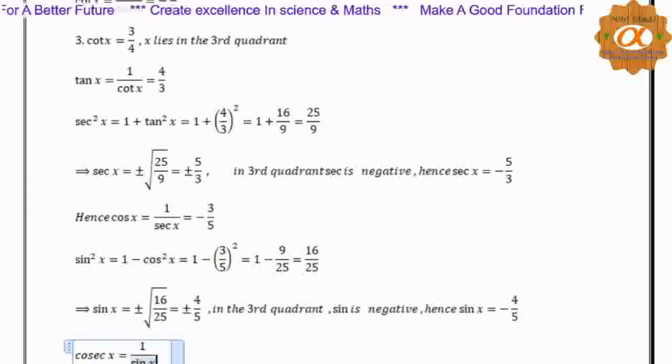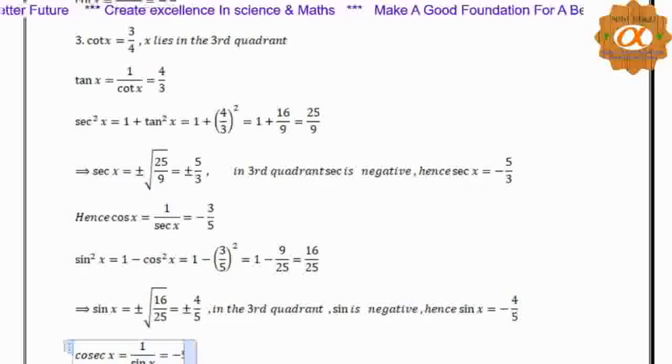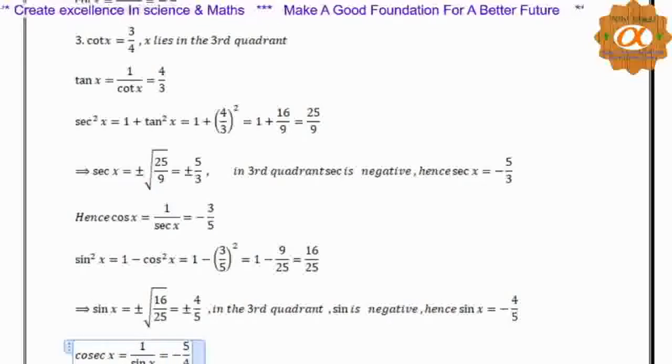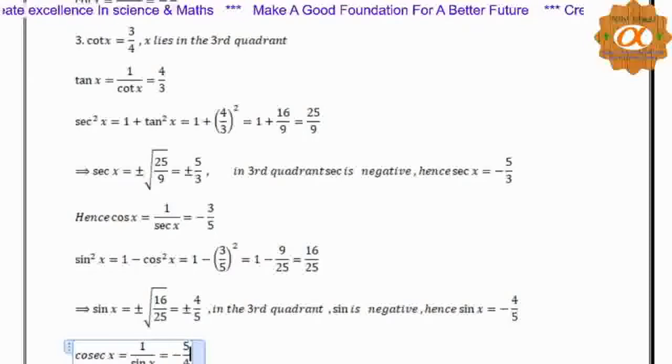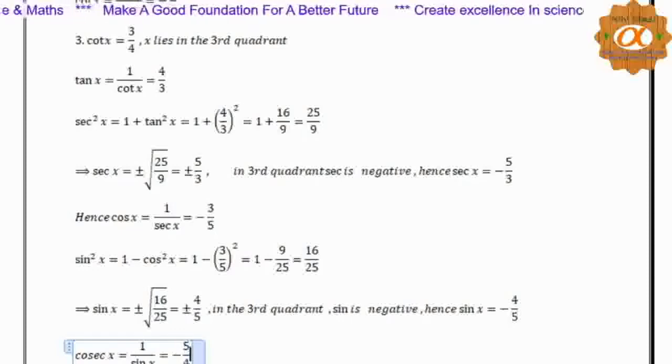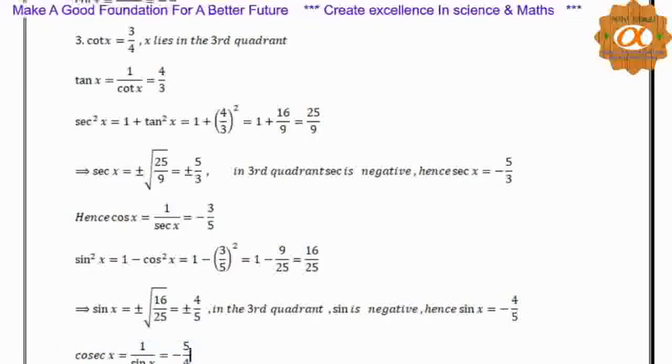That comes out as minus 5 by 4. Hence, cot x is 3 by 4, tan x 4 by 3, sec x minus 5 by 3, cos x minus 3 by 5, sin x minus 4 by 5, and cosec x minus 5 by 4.